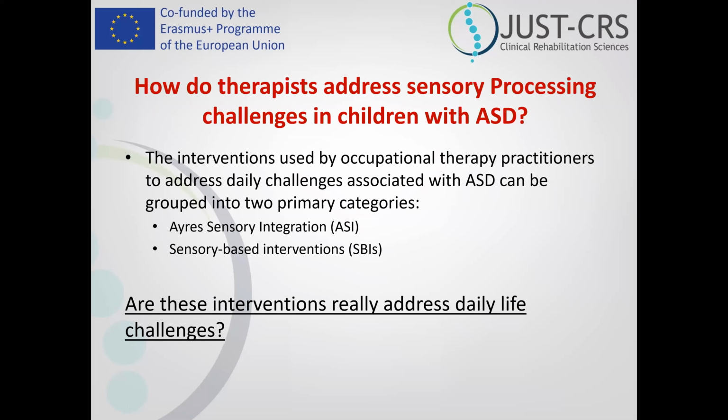So how do therapists address sensory processing challenges in children with ASD? We learned how we can evaluate or characterize sensory processing patterns. Now, what can we do, or how can we serve children and families with challenges in sensory processing?